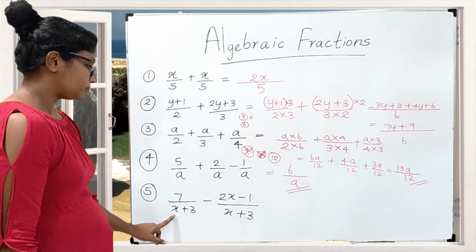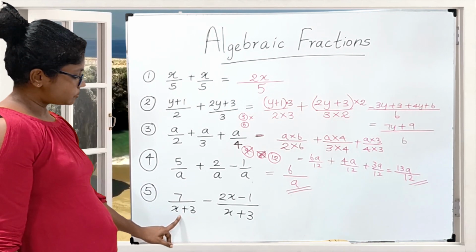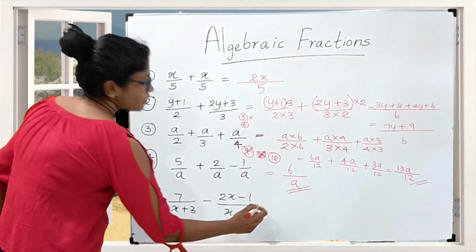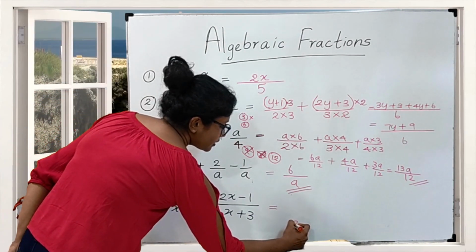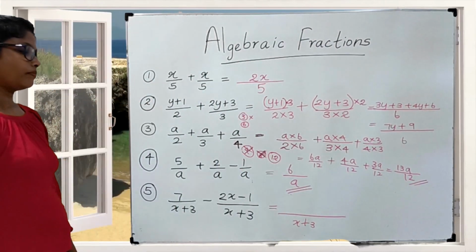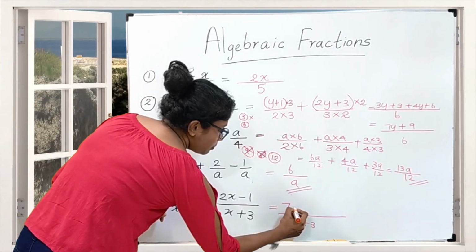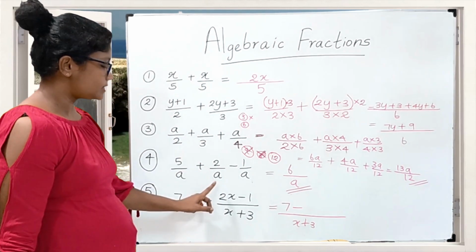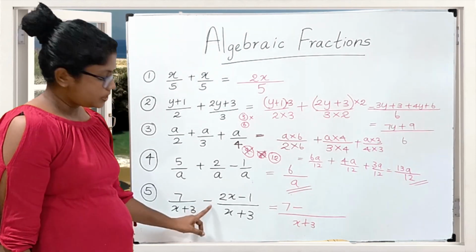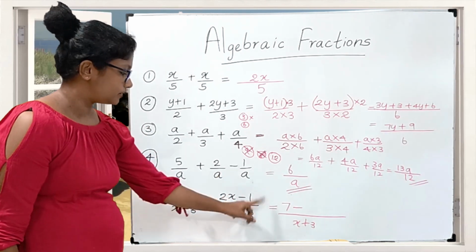Then the last one. What is the common denominator here? Here x plus 3 and here also x plus 3. Then you can write x plus 3 as the common denominator. Okay. Then we can write 7 minus, what is the special thing here? There's a negative sign. When there's a negative sign, we have to use brackets here.